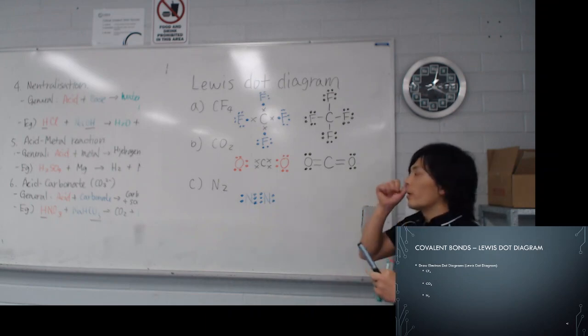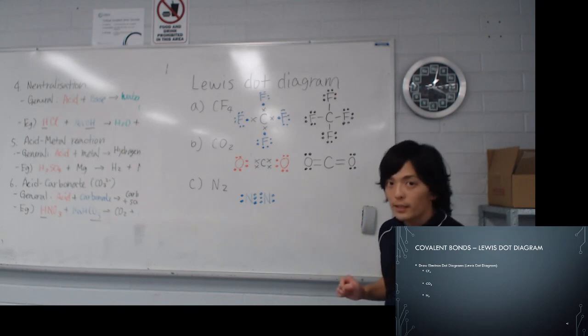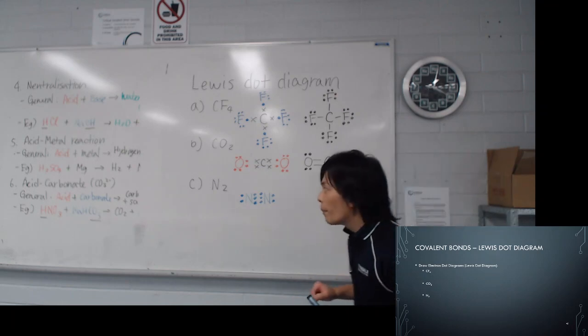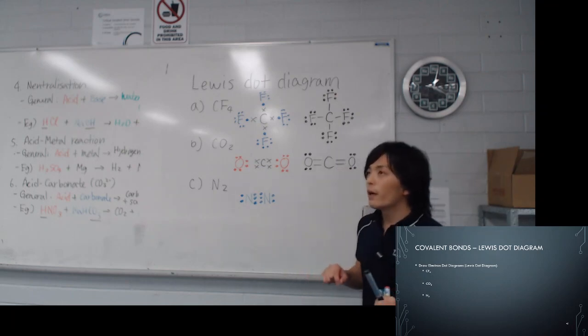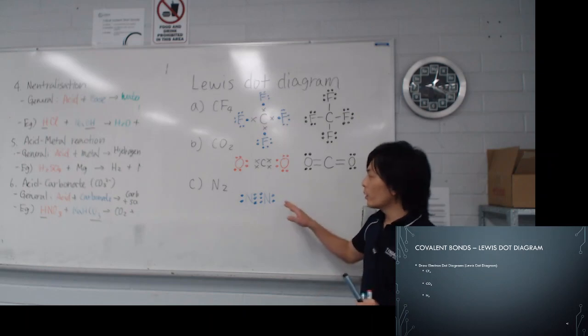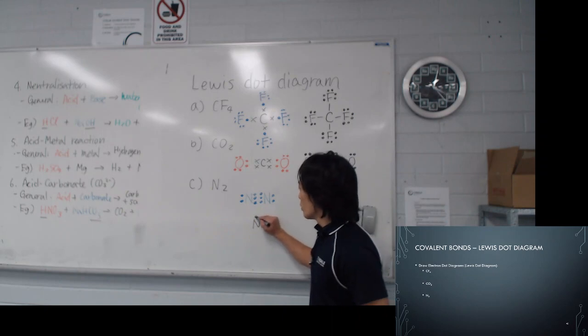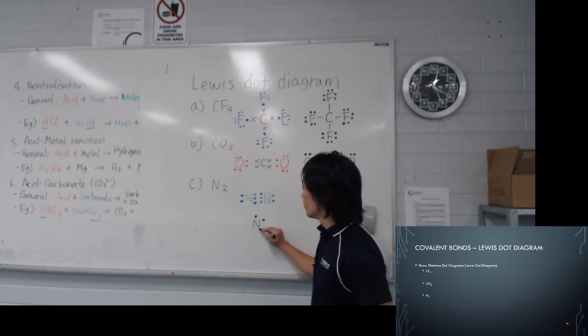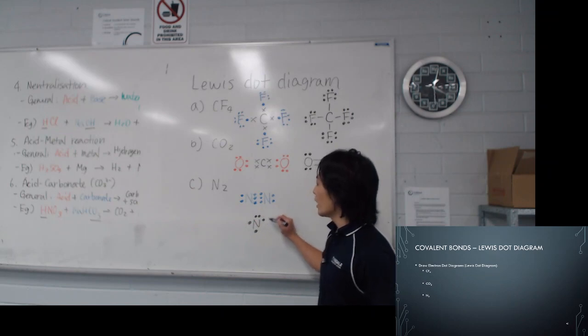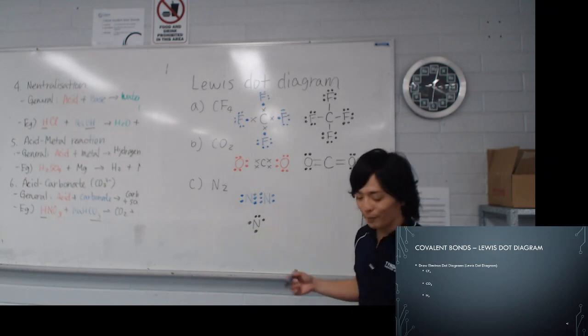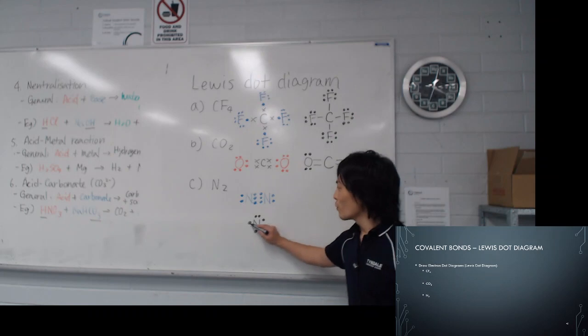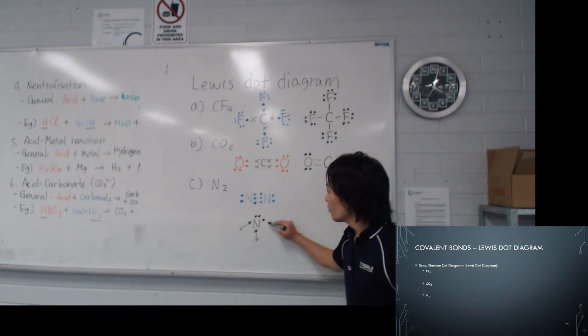Nitrogen. Now, valence is 5. But if you have 5, 2 of them would be a non-bonding pair. That's not going to be used for pairing up with anything.